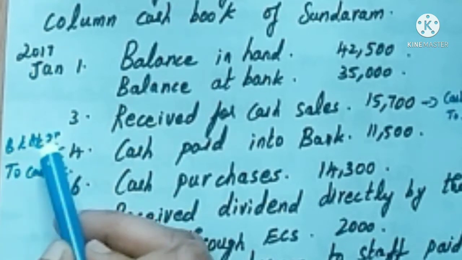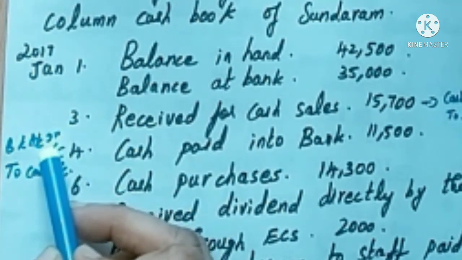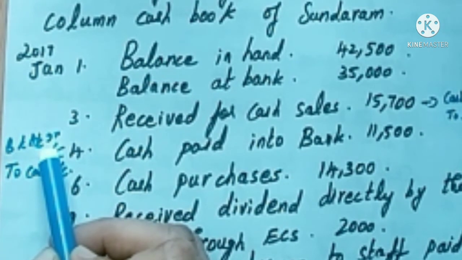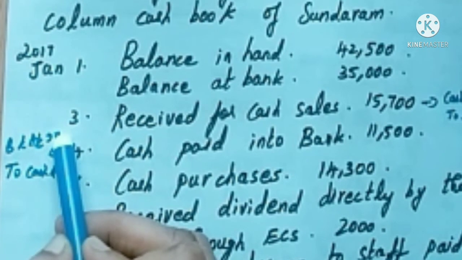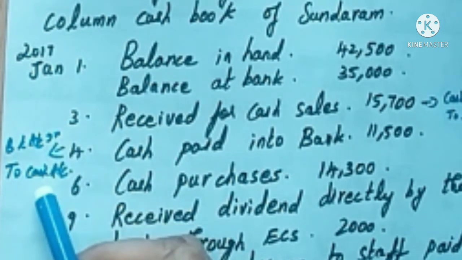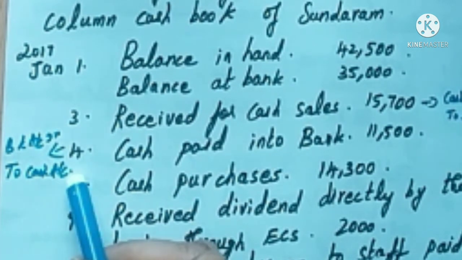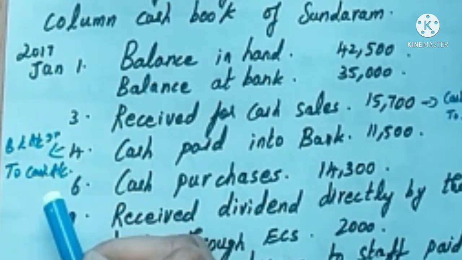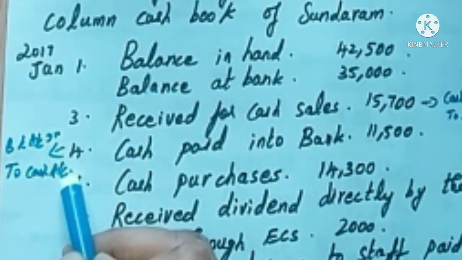Now, what is on the debit side? Bank account is debited. So we are going to write on the debit side of the cash book the corresponding entry. The corresponding entry is to cash account, isn't it? So I am going to write on the debit side of cash book to cash account.